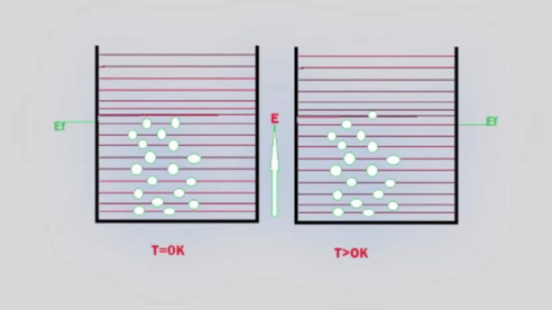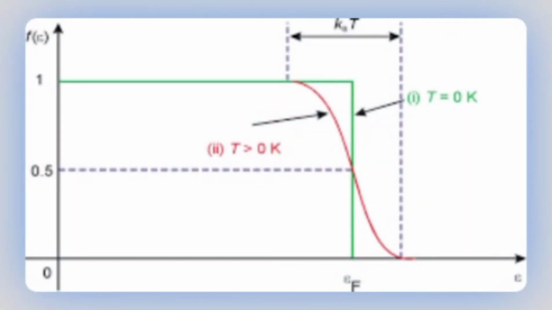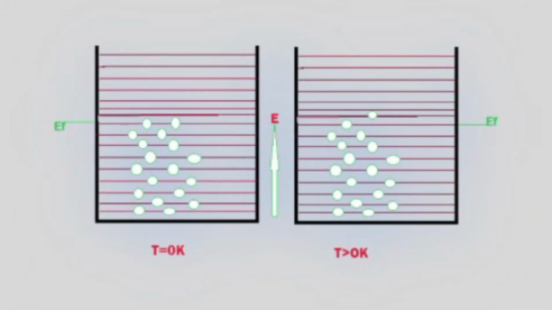Now, from this graph, we can clearly explain. On the x-axis we take energy levels, on the y-axis we take the Fermi distribution function. Let us consider 0 Kelvin. At 0 Kelvin, up to the Fermi level, all the energy levels are completely filled, which means the Fermi distribution function f of E is equal to 1.